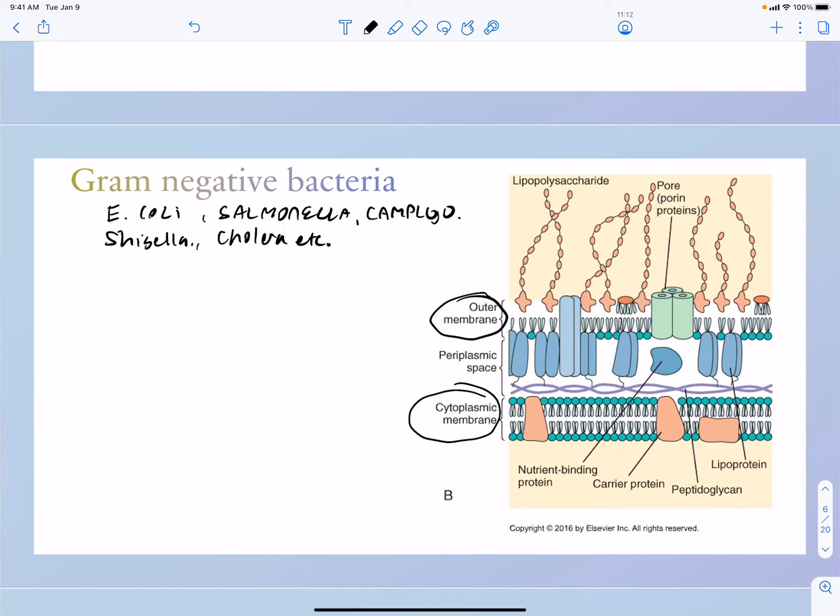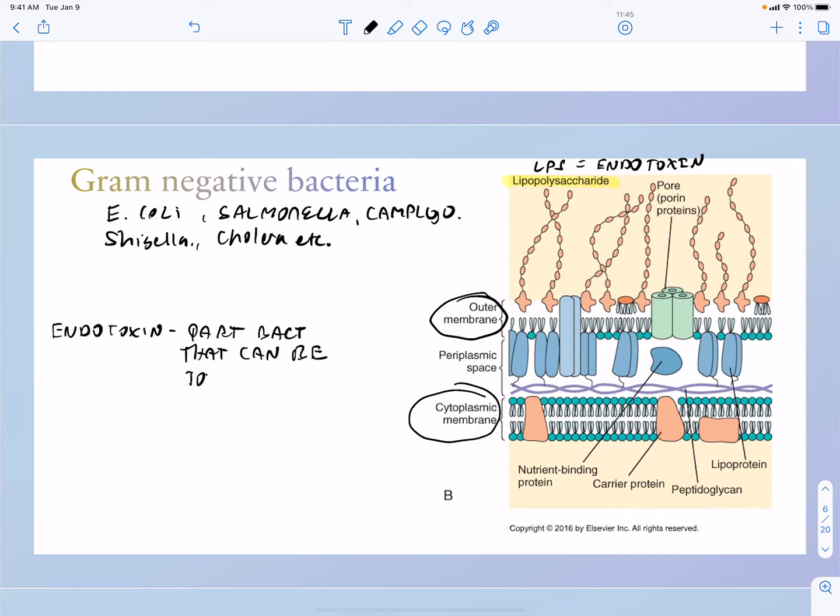And so a few things to point out here is there are some different structures associated with gram-negative bacteria. You don't see teichoic acid and lipoteichoic acid, but you do see LPS, and this is an endotoxin. Why is this called an endotoxin? An endotoxin is part of the bacteria that can be toxic to us.